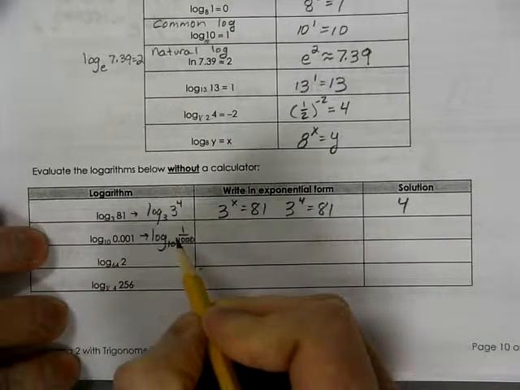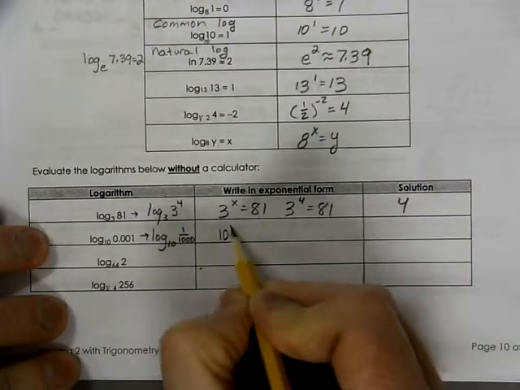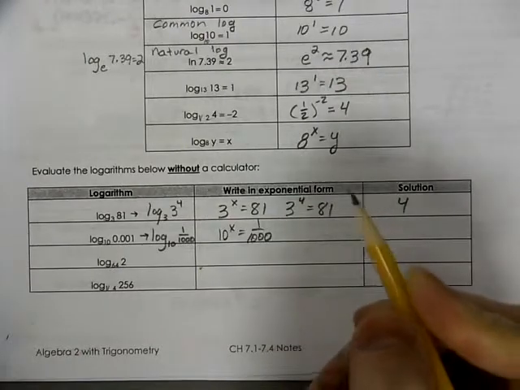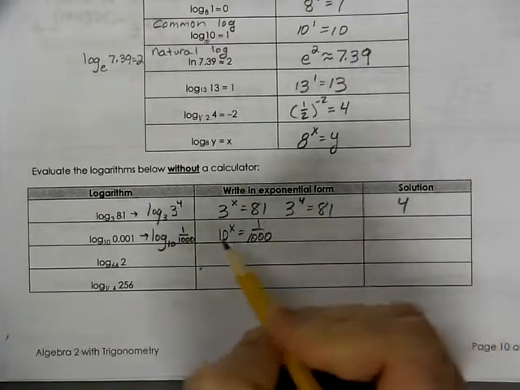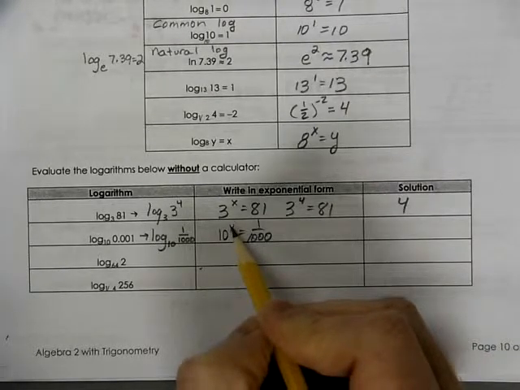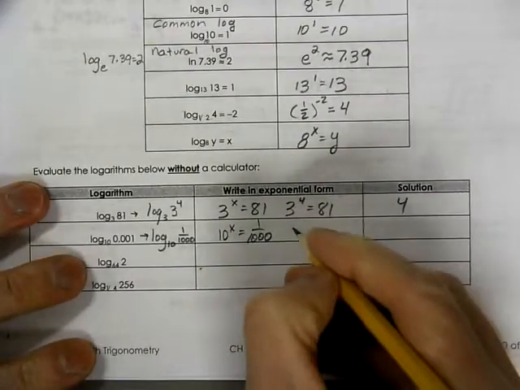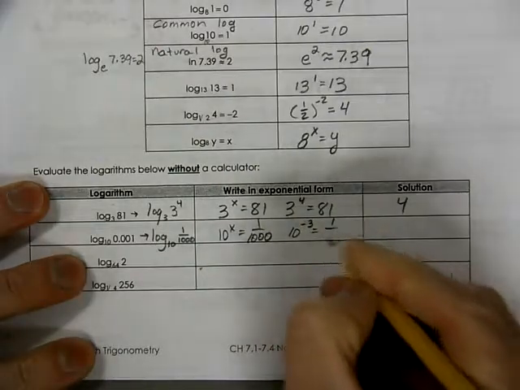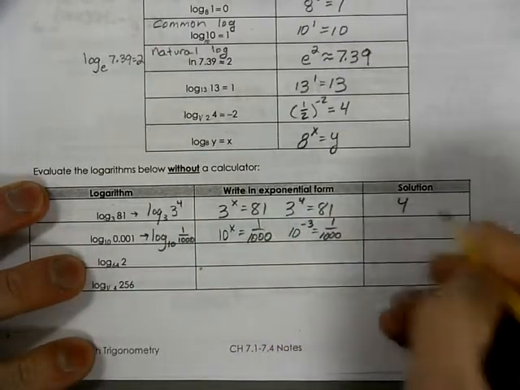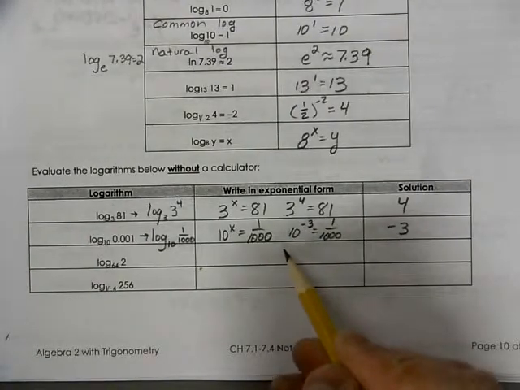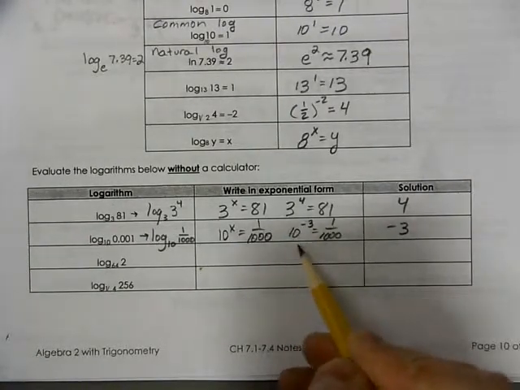So we're going to look at this and think about 10 to what power equals 1 over 1,000. Well, I know that 10 to the 3rd equals 1,000. So 10 to the negative 3rd equals 1 over 1,000. The negative puts the 10 into the denominator. The cube makes it 1,000.